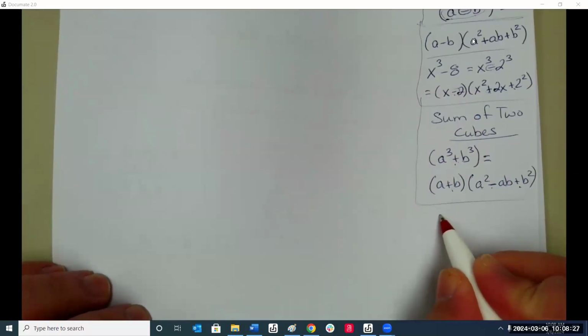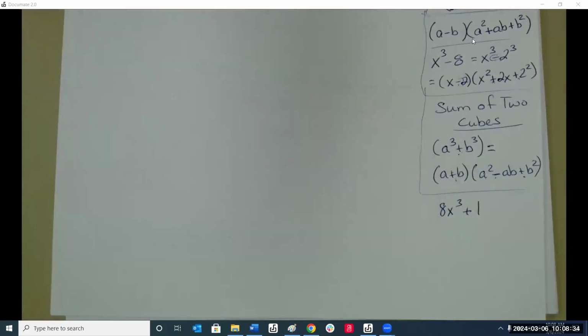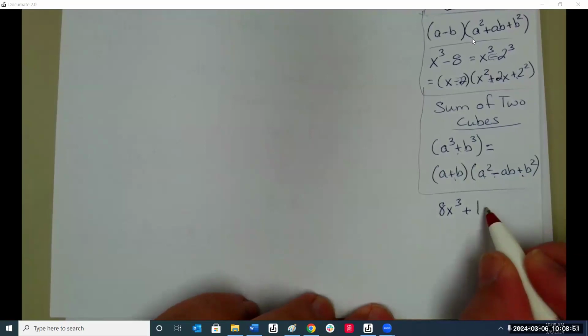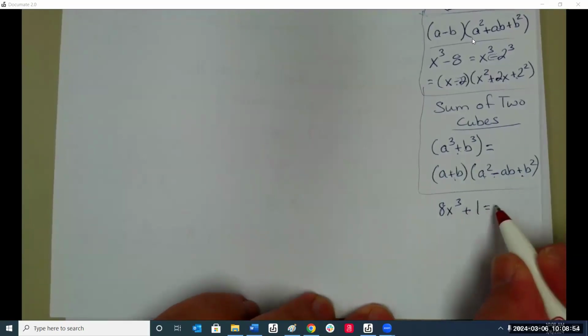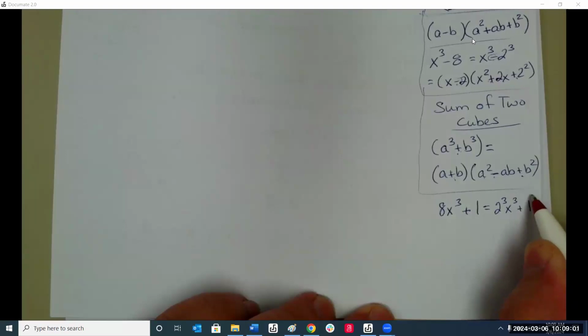And here's an example. 8x cubed plus 1. So do we have a sum of two cubes? 8 is made up of what? 2 cubed, x cubed, and 1 can also be cubed.